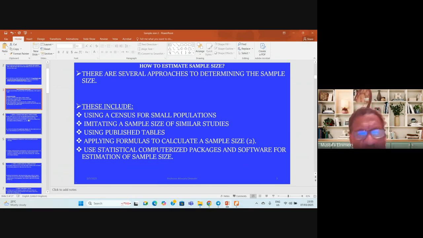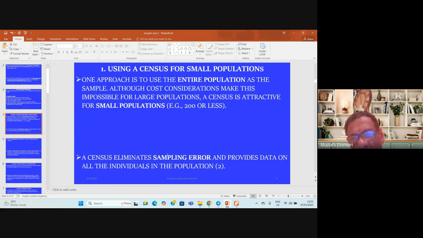Now we talk about using a census for a small population. One approach is to use the entire population as the sample, and it means that we use the whole population if the size of the population is small, although cost considerations make this impossible for a large population. If you have a large population, you cannot use the whole population or the census.